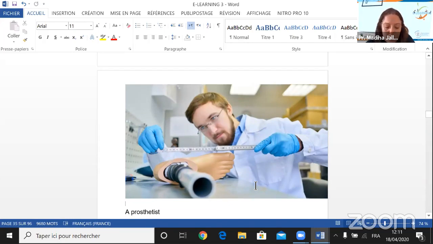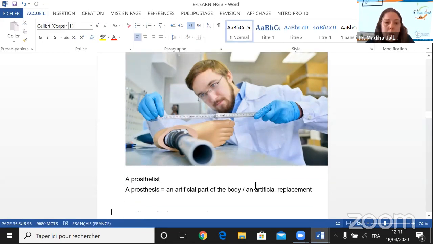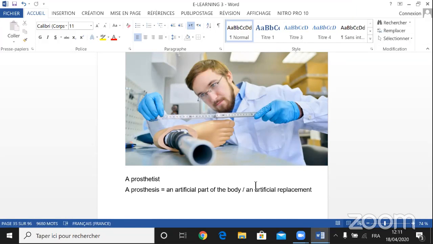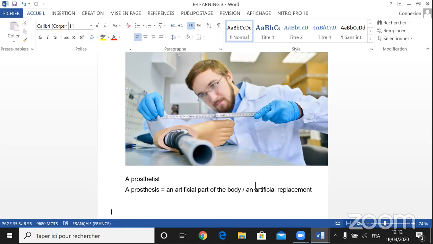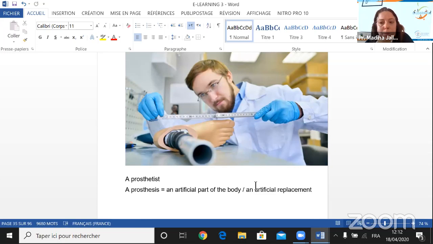Here, let's take a look. So you have a worker here designing an artificial limb.